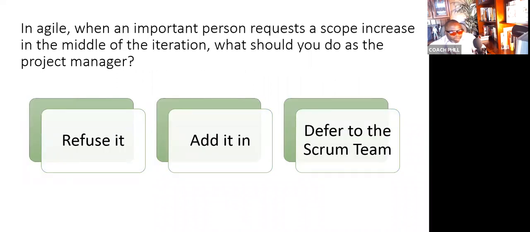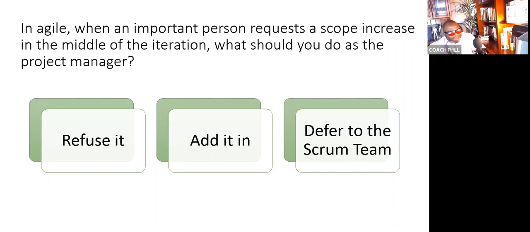In Agile, when an important person requests a scope increase in the middle of the iteration, what should you do as the project manager? The answer is not to refuse it. That's not moving the process or the problem forward or the request forward.